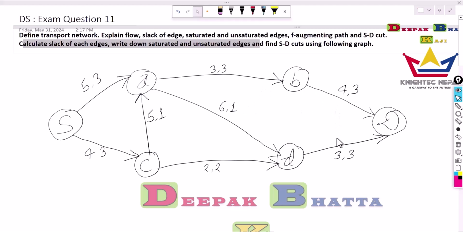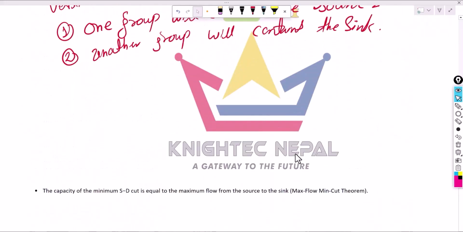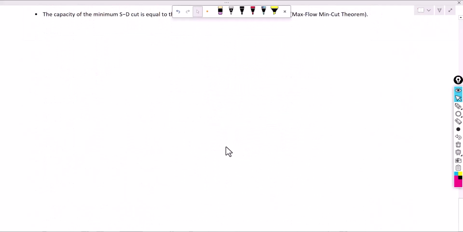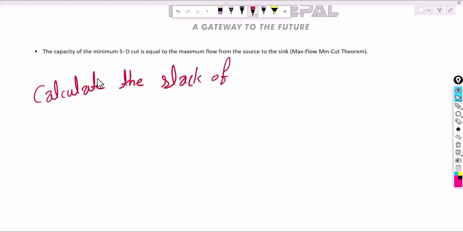So now jump on to the numerical part, that is calculate the slack of every edge, right?